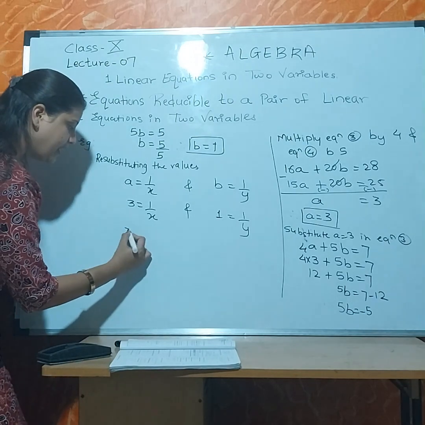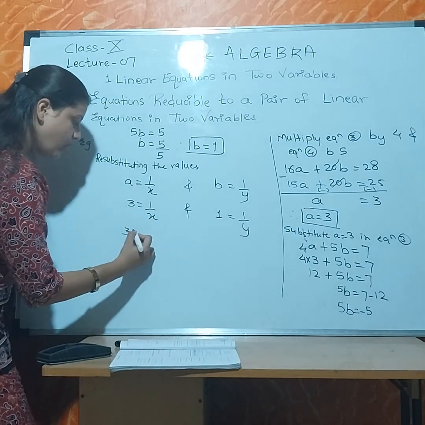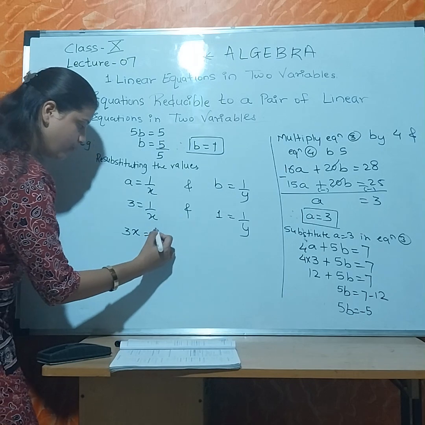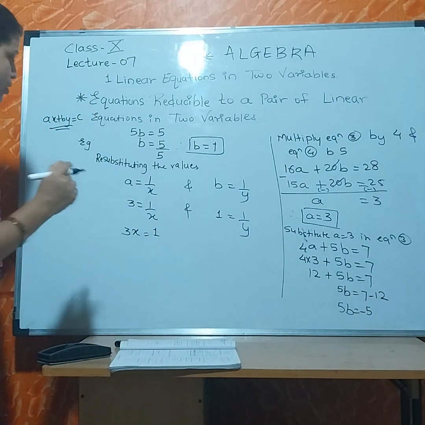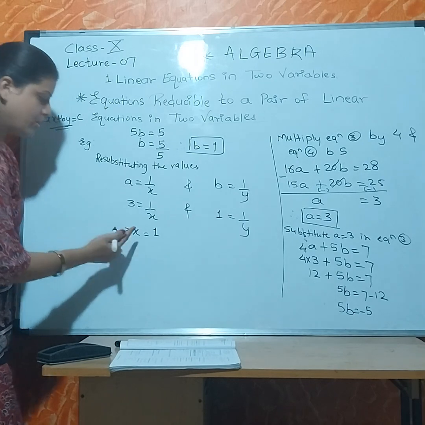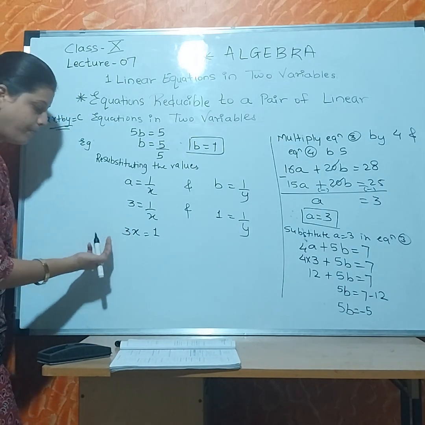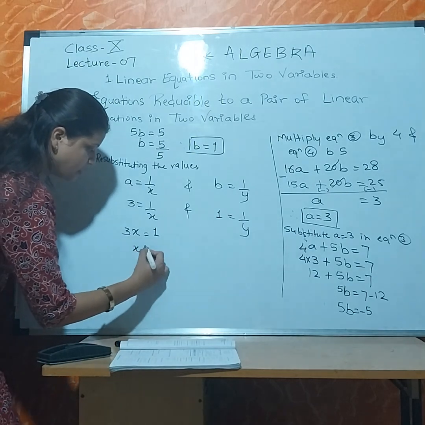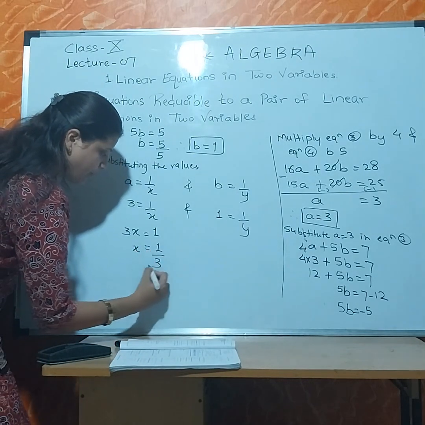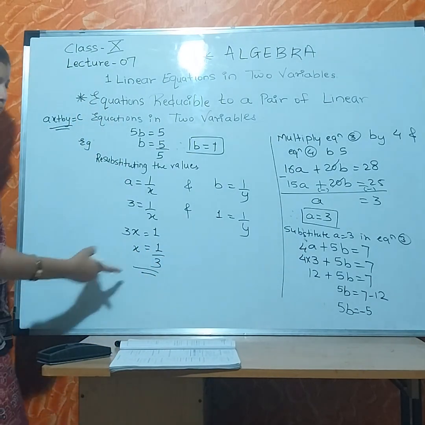So let us keep 3 as it is. This x will go up and 3x is equal to 1. But we have to find the value of x, so we don't want 3 here. 3 is in the multiplication form, so it will go to the other side and become division. So x is equal to 1 upon 3 is the answer.